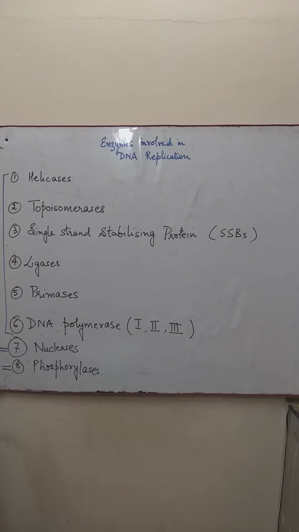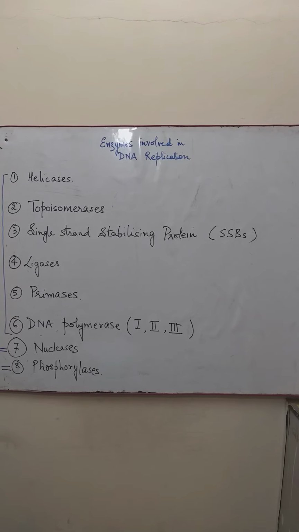But these strands still have a tendency to recoil, so SSBs give stability to the two strands. These proteins bind to the single strand parts of DNA, where the two strands are unbound, and they provide stability to the single strand and also prevent the recoiling. So this reduces the tension by binding to the single strand DNA.